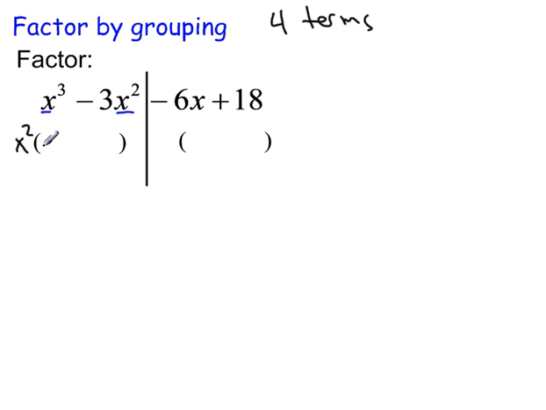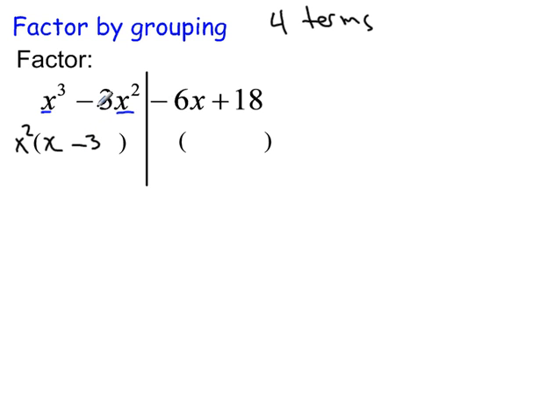X squared times what gives you x to the third? X squared times x. X squared times what gives you negative 3x squared? X squared times negative 3. So on the left side, we got x squared times x minus 3.